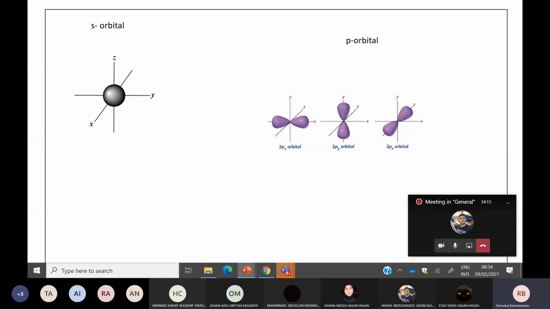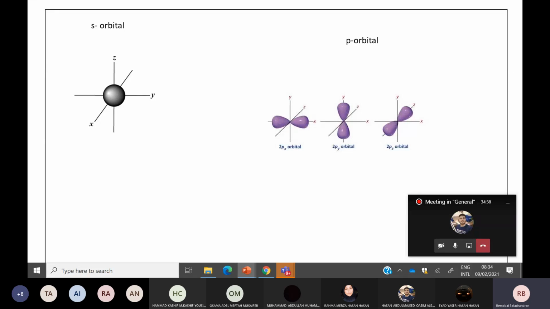Now we focus only on s and p, because organic chemistry is mainly related to carbon compounds, which have only s and p. So now we focus only on the s orbital and p orbital.